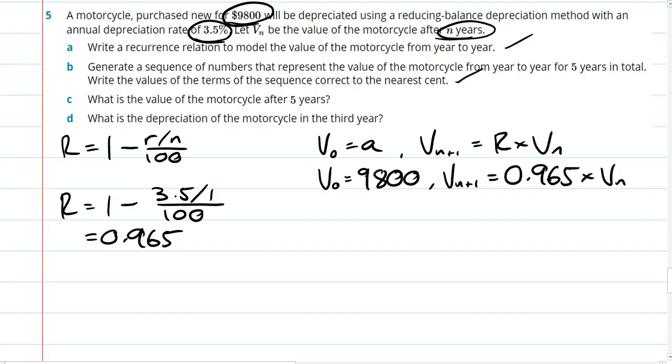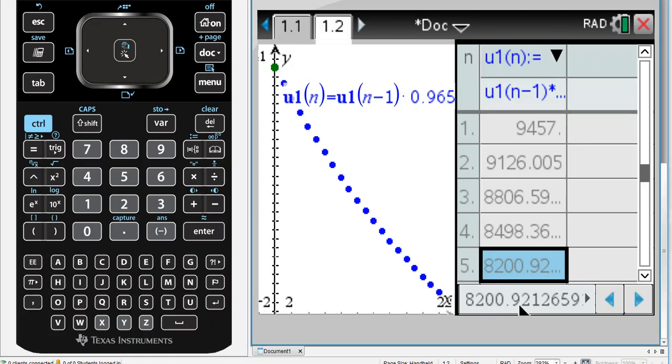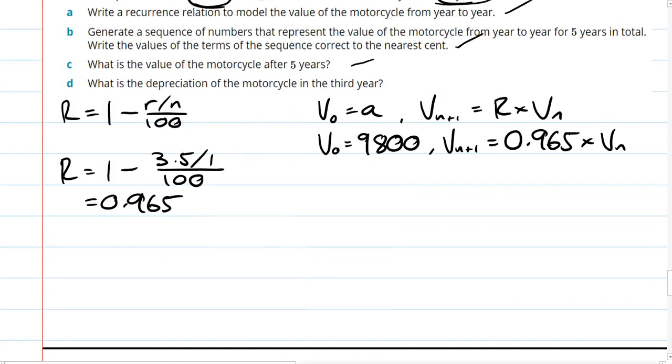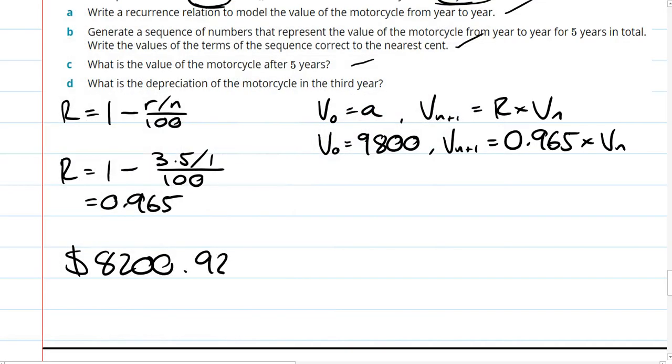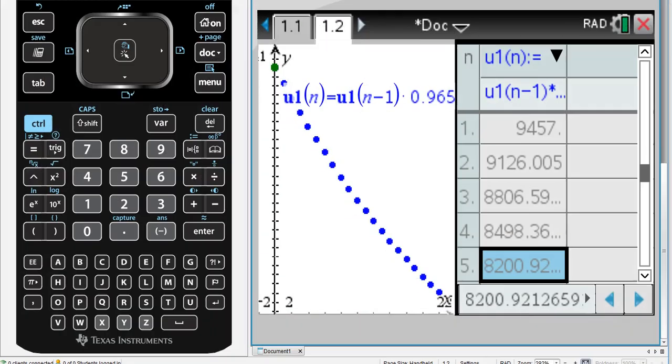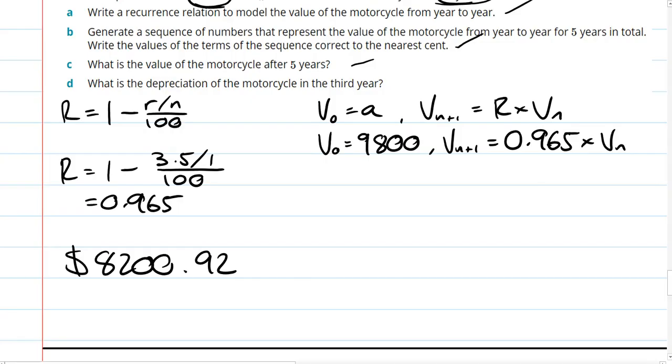What is the value of the motorcycle after 5 years? 8200.92. That's why that mode is handy. You can get some helpful information. Always really important when you use this table to click on the cell that you want and check down the bottom for the full value to do the rounding yourself. Don't let the calculator round for you.